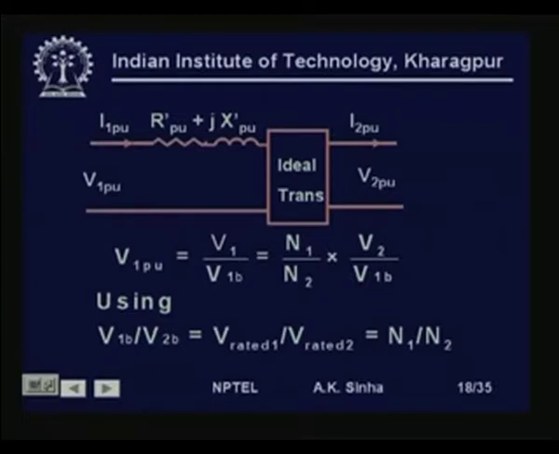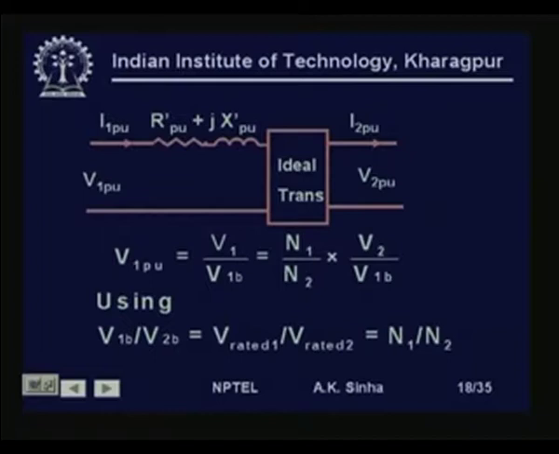Most of the time in power system analysis we neglect the core loss or the magnetizing part of the transformer, unless we are interested in finding out the core losses as such, because its effect is very small, and neglecting it does not cause much error, and it also simplifies our diagram considerably.